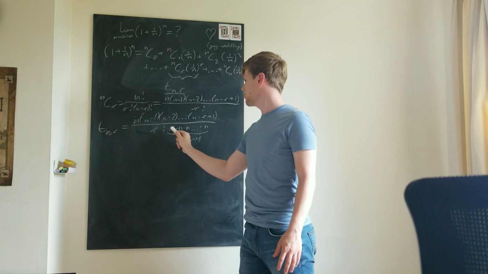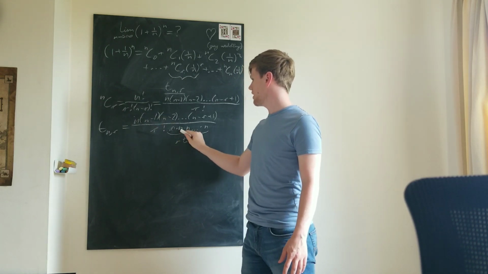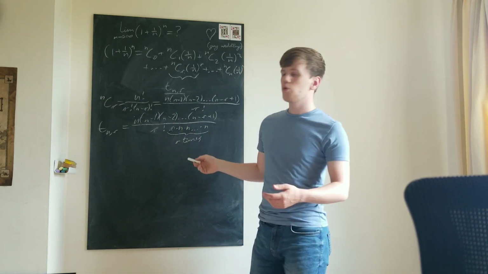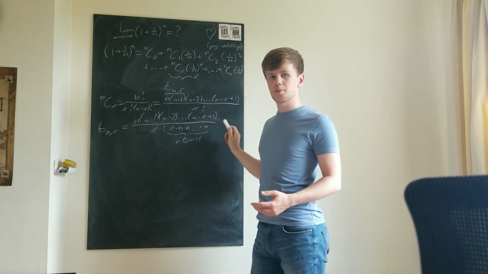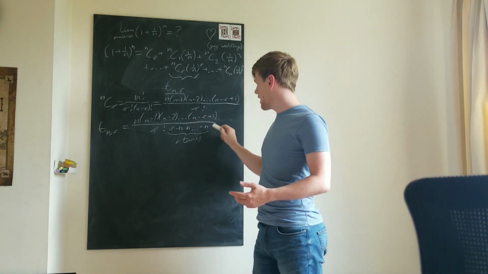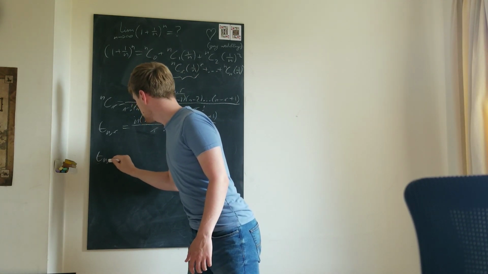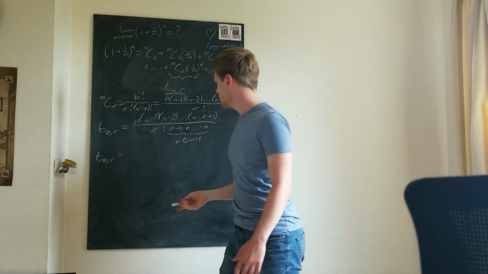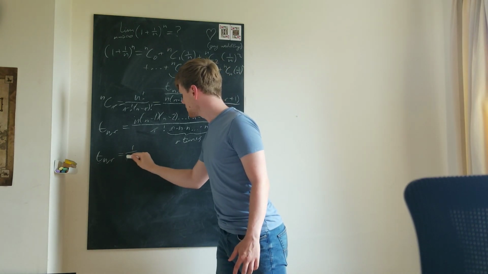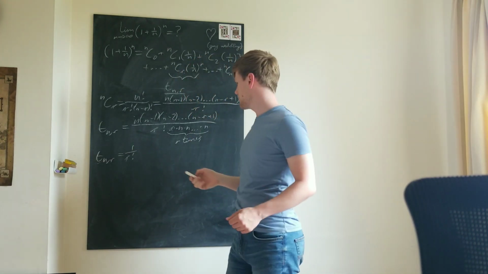So we can pair an n up with an n, the n minus 1 with an n, the n minus 2 with an n, and all the way up to our final term of n minus r plus 1 divided by n. Okay, and when we do this, we can write this in a way which will make the limit as n approaches infinity very clear.